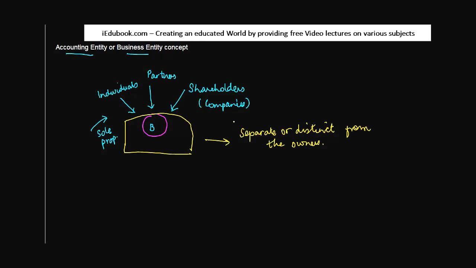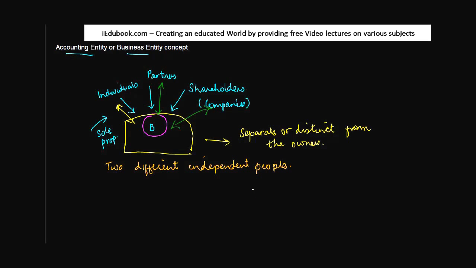We transact in accounting, or we keep the records in the books of accounts, in such a manner that any transaction between these two sets of people, let's say, for example, between the partners and the business, or the shareholders and the business, are recognized as if these are two different, independent people.